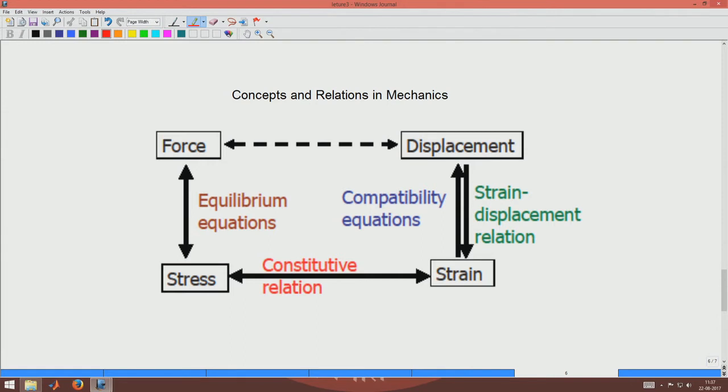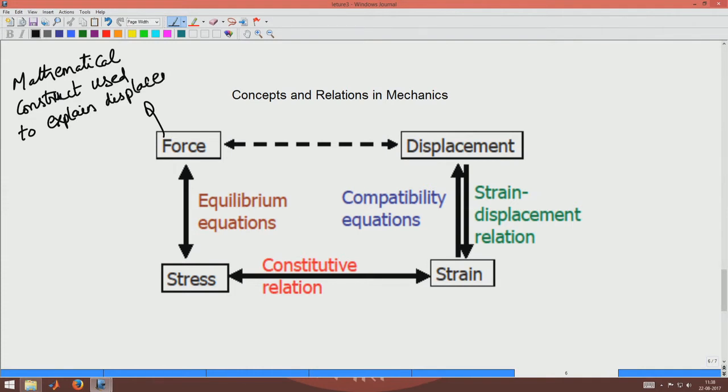Force is a mathematical construct used to explain the displacement of bodies.